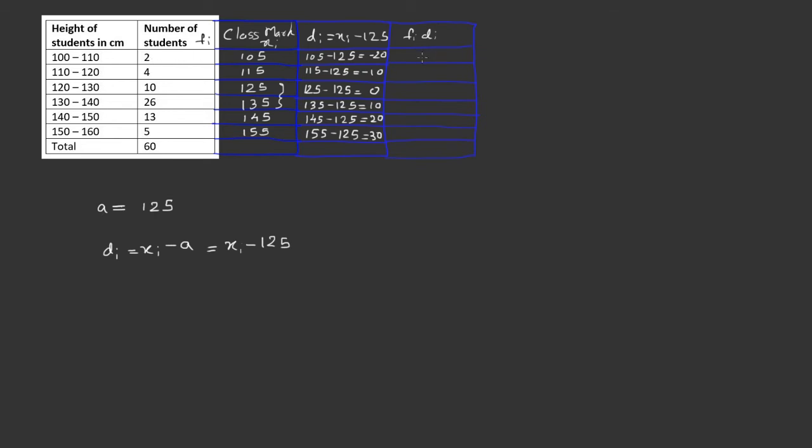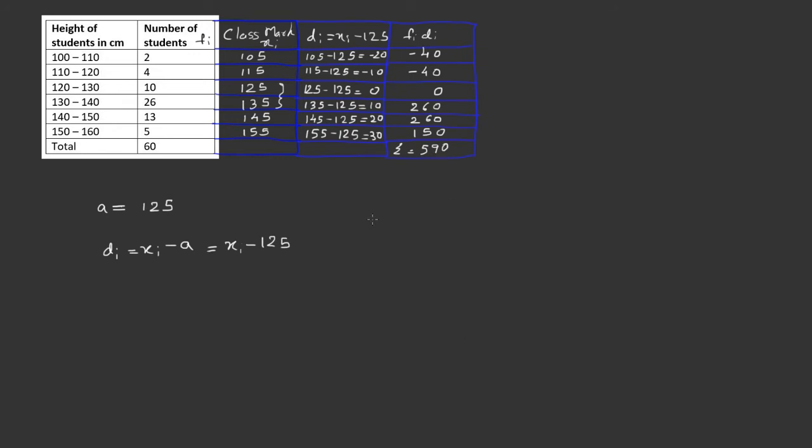That is 2 into minus 20 is equal to minus 40. 4 into minus 10 is equal to minus 40. 10 into 0, 0. 26 into 10, 260. 13 into 20 is equal to 260, and 5 into 30 is equal to 150. We need to find the sum of fi di, that is equal to 590.